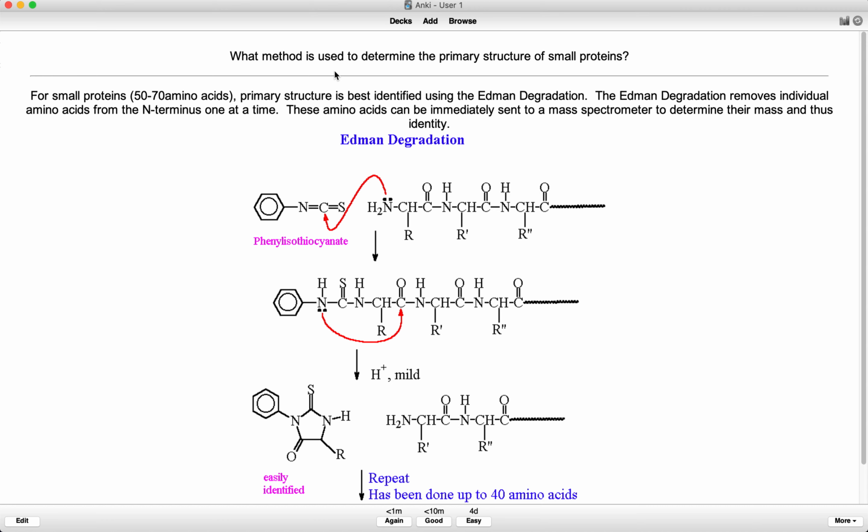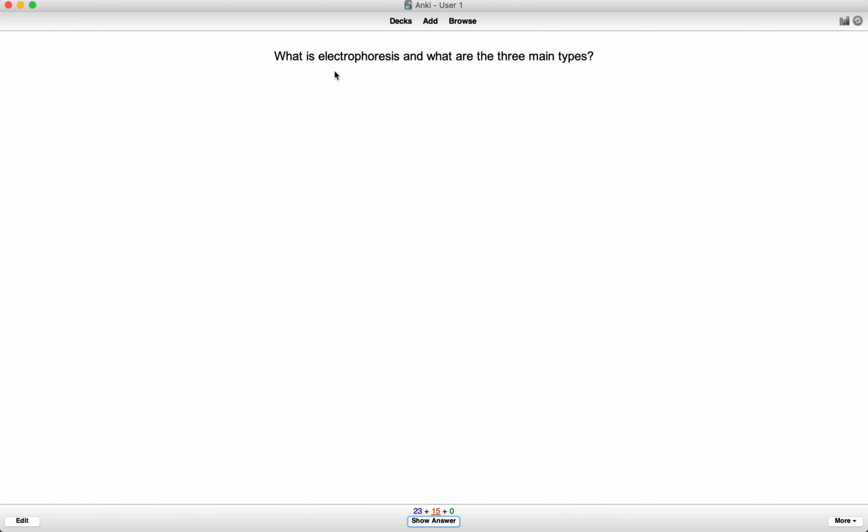We use Edman degradation to determine the primary structure of small proteins that are 50 to 70 amino acids in length. We cleave amino acids from the N-terminus one at a time and send them to a mass spectrometer to determine their mass and identity. Electrophoresis runs an electric field to separate proteins based on size and charge.